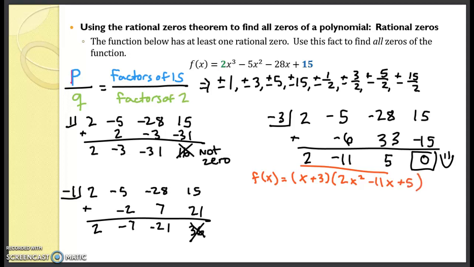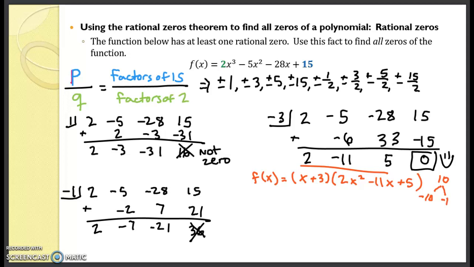Okay, so what do I do from here? Well, let's see if this factors. 2 times 5 is 10. What adds to be negative 11, but multiplies to be 10? Negative 10 and negative 1.